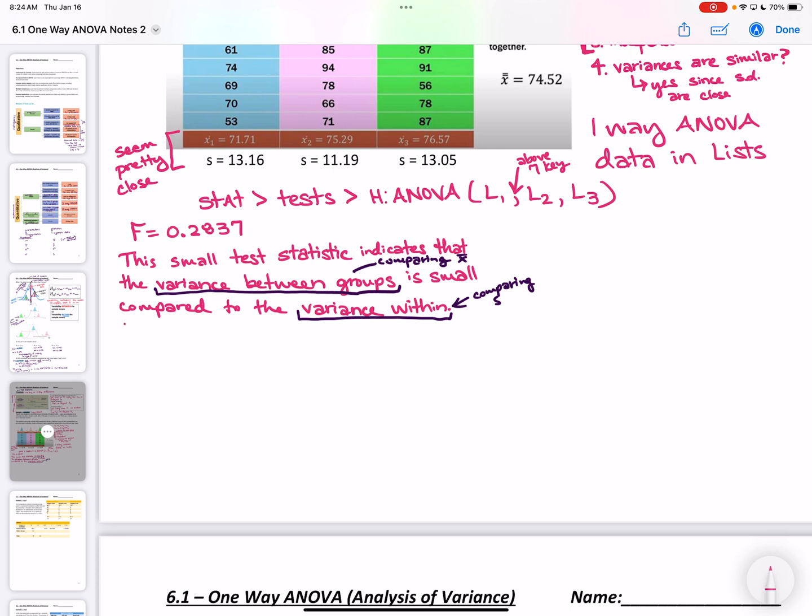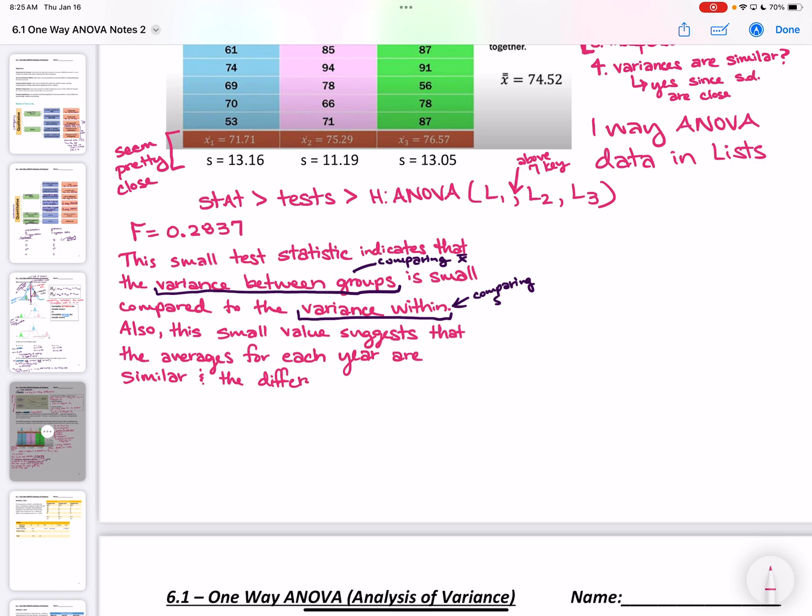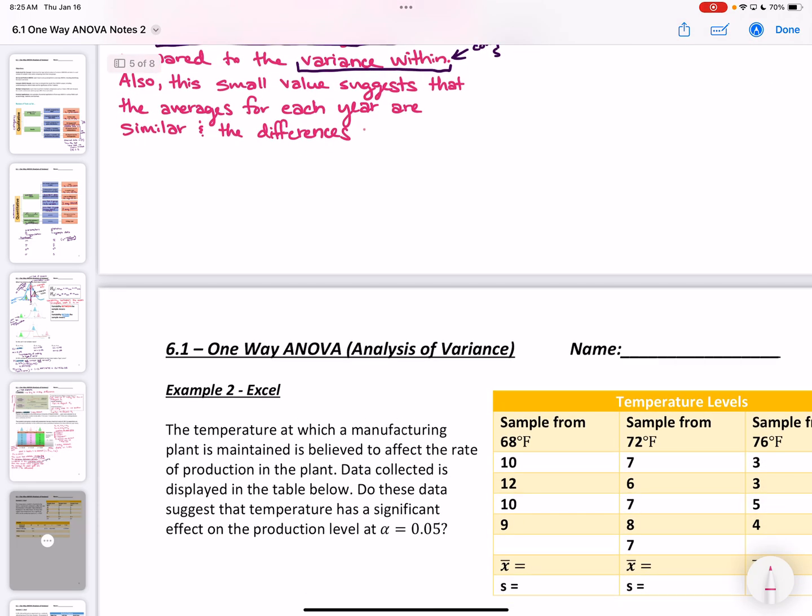So I also put, this small value suggests that the averages for each year are similar and the differences are likely due to random chance. Okay?